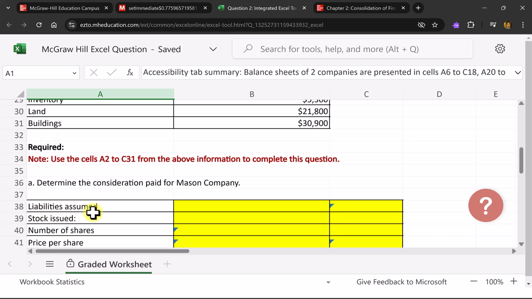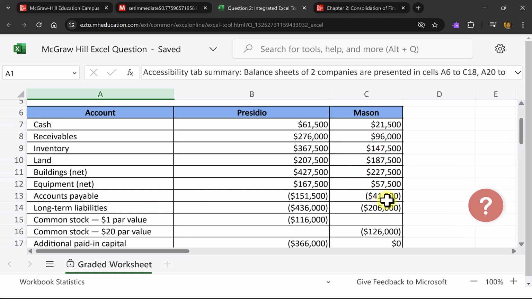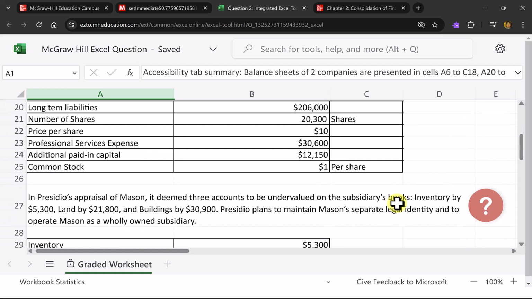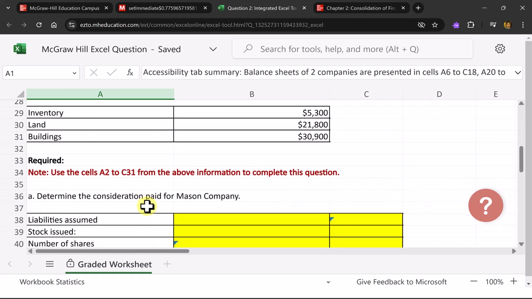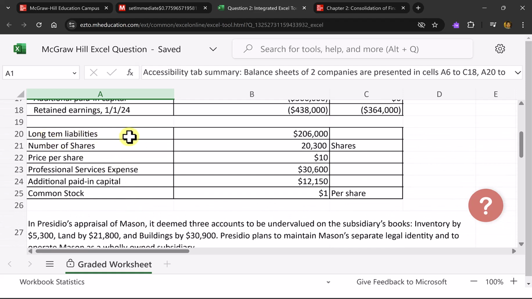This term here probably should be changed. Not liabilities assumed, but liabilities issued to acquire the stock. Assume kind of implies these liabilities of Mason here, these two, accounts payable and long term, in the acquisition. But really, it's this long-term liabilities.